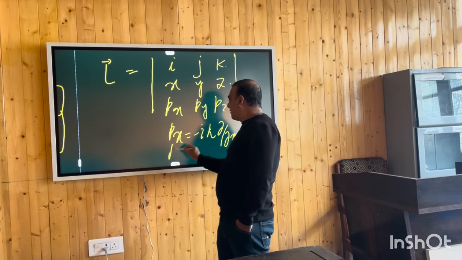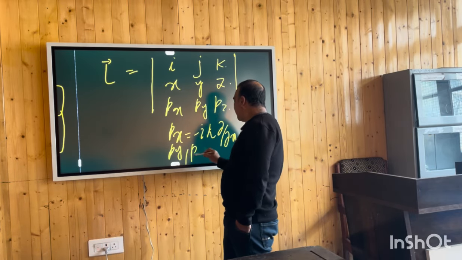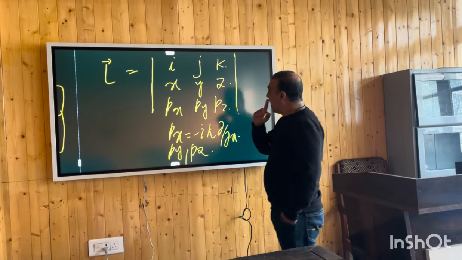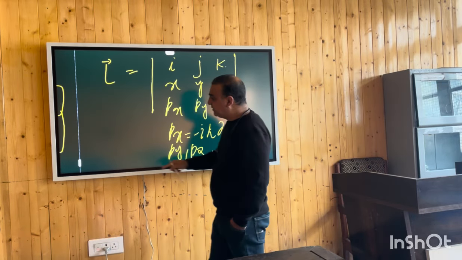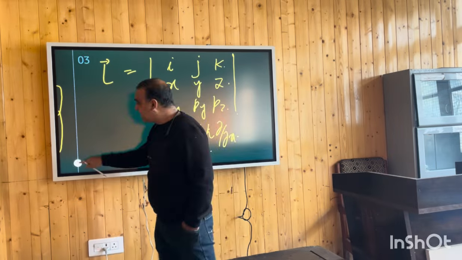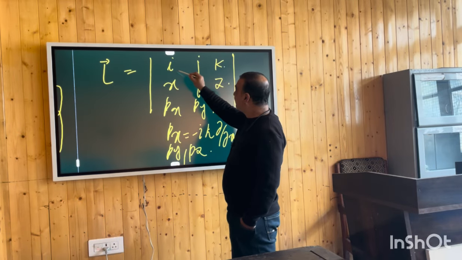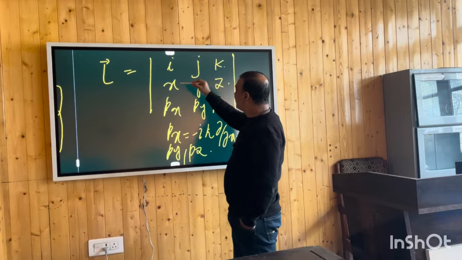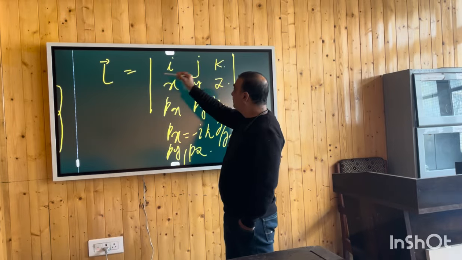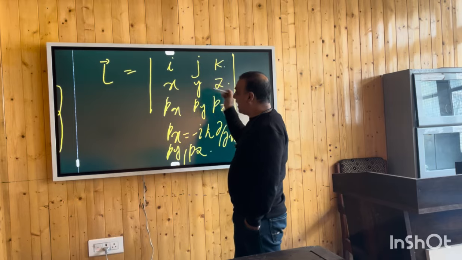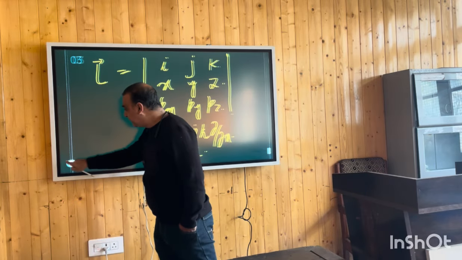And similarly, we can go for py and we can go for pz. And what we will do, we will evaluate this determinant. And when you evaluate this determinant, there are many ways, and you can choose any of the ways to solve this determinant. So the first one you can use for i, and then you know how to boil down this determinant.